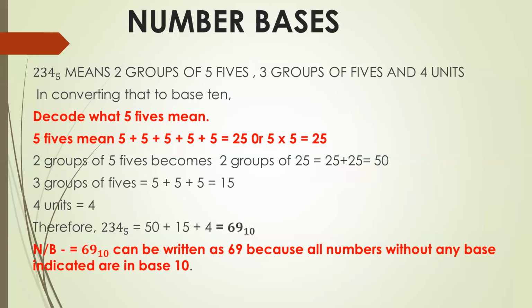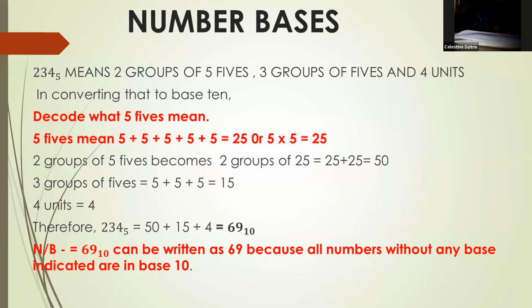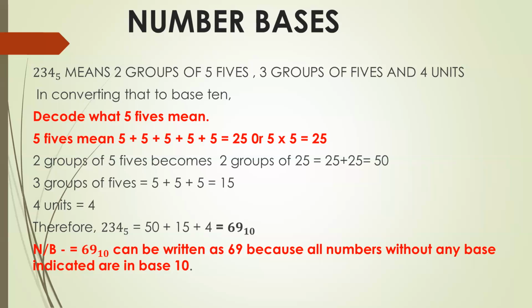So if you are going to convert 2, 3, 4 base 5 to base 10, you need to decode what the 2 means. The 2 means what? 5 5s. When you have 5 5s, it means that you have 5 plus 5 plus 5 plus 5 plus 5, which is 25.